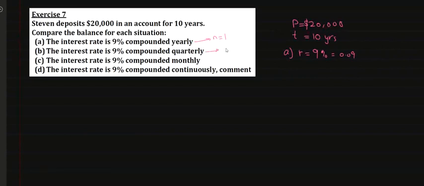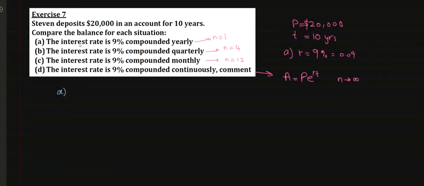And quarterly means that n is equal to 4, and compounded monthly is 12, and the continuously compound, we will just use the other formula, which is P times e to the power of rt without n. So the n goes, and because here we have taken n is approaching infinity, and this is the formula equivalent which we will be using. So directly we will take these values and apply. Let's do it with part A.